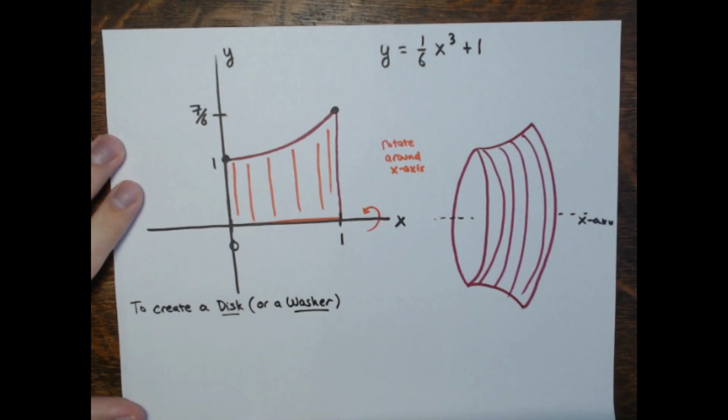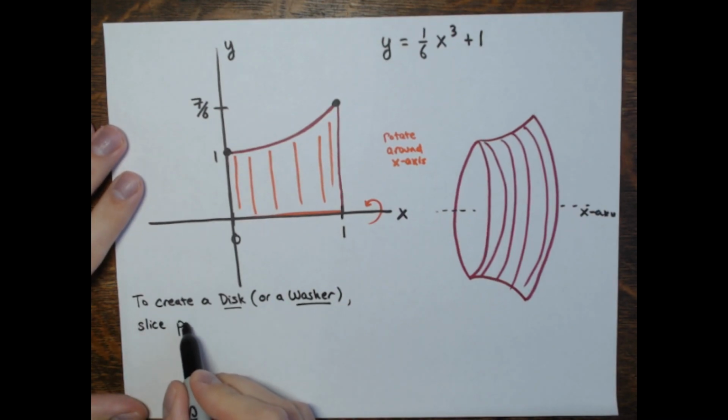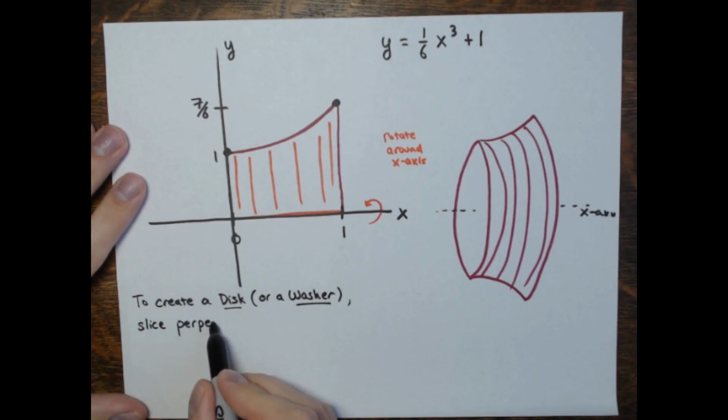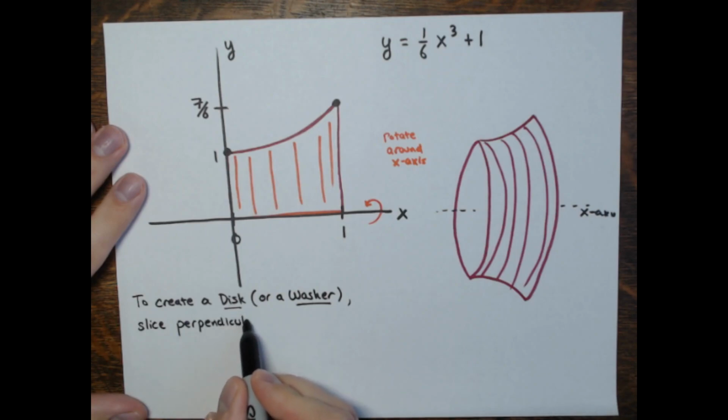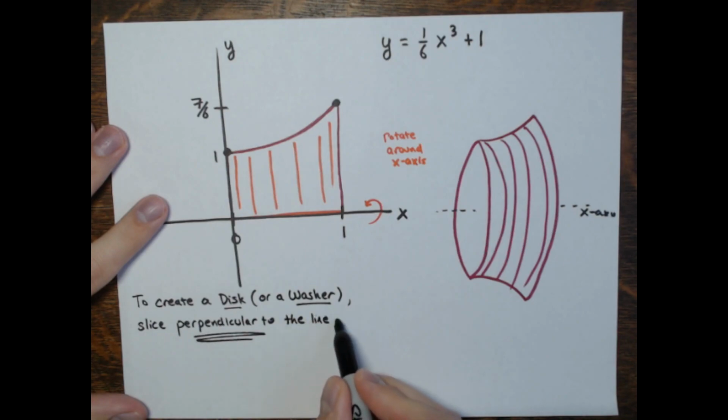It's a disk with a hole in it. Slice perpendicular to the line you're rotating around. I'll say the line of rotation, or you could say axis of rotation.